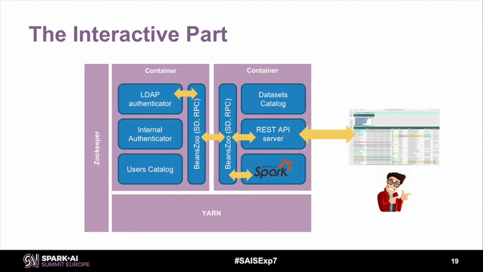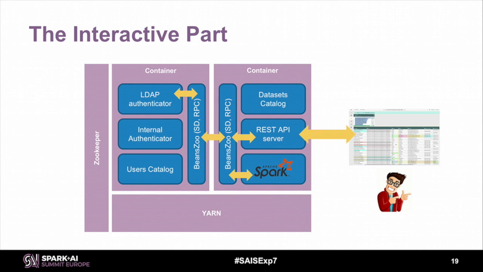So this is what we call our kernel, okay? Our kernel, the name is taken from the notebook kernel. So here we have a bunch of services, and one of the services is basically a REST API server.